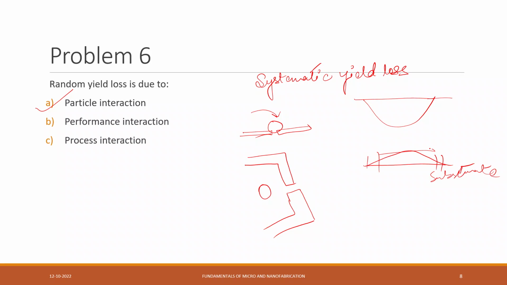So this is the part that is most usable, and we are getting some losses here. This is quantifiable, we can quantify the loss from the plasma side, so it is a systematic yield loss. Essentially only particle interaction randomly loses the yield.